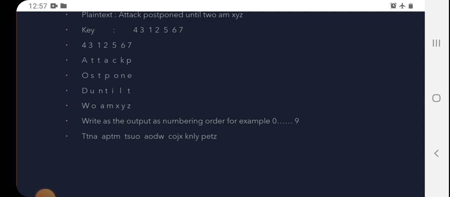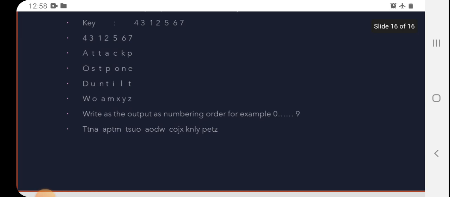The fourth one is AODW. Next the fifth one: COLX. The sixth one: KNLX. And at last the seventh one: PETZ. So this is how your transposition takes place. Okay, thank you all.